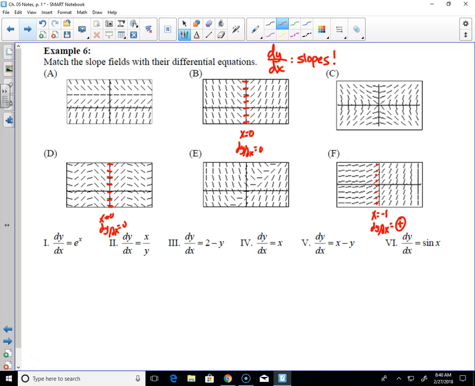If I have 6, 4, and 1, can anybody, by process of elimination, figure out who B or D or F goes with? Yes. Okay, who does D go with? D has to go with 6. Why? Doesn't this look an awful lot like something sinusoidal? More specifically, you know sine of x.